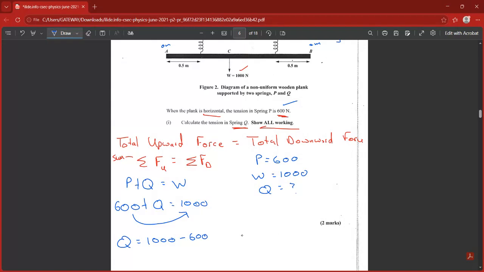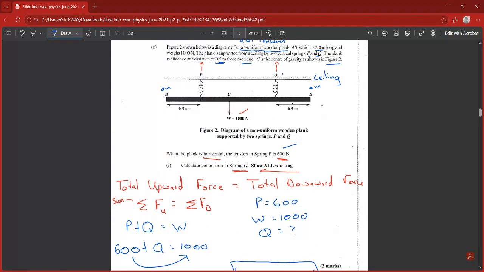So therefore, Q would be equal to 400 newtons. So that is the force of spring Q, 400, and P was 600. Now P and Q are different forces, and the plank is not uniform. Hence, the center of gravity is not in the middle of the plank.